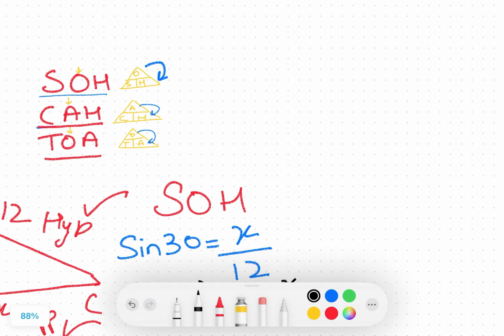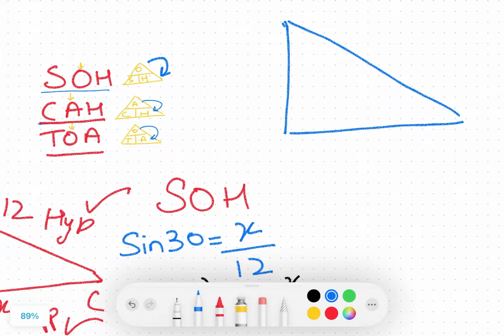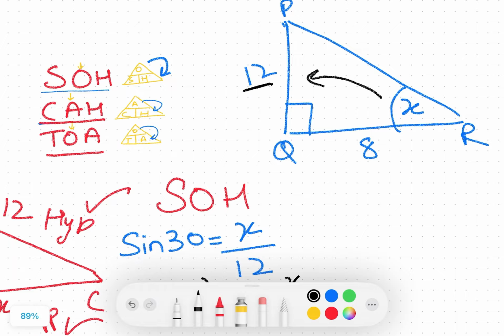Now the second type of question that you get here, which is also very important, is that you have a triangle, 90 degrees, and you have an unknown angle. So we've got B, Q, R. They want to find the unknown angle. You're given this and you're given this. Let's have a look here. We're given the opposite side, which is good.